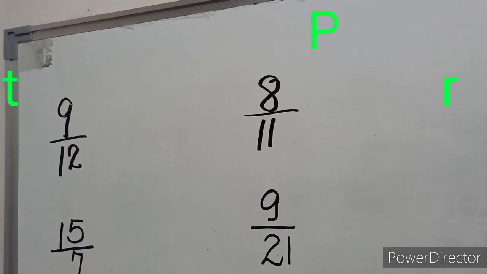On the board are 9/12 and 8/11. These fractions are what we call proper fractions. But there are times that a proper fraction needs to be changed into its simplified form, like 9/12. Why do we need to simplify 9/12? You should know that 9 and 12 have a common factor, and that is equal to 3.